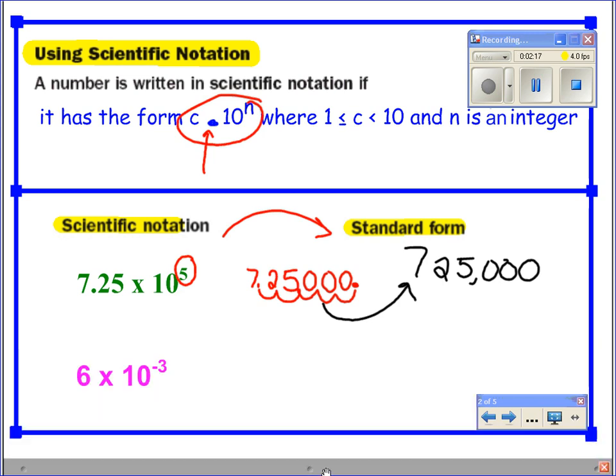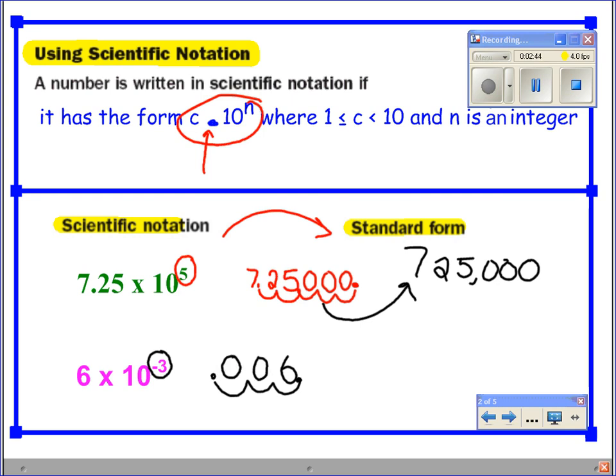Okay, the second example has a negative exponent. So whenever the exponent is negative, that means that you want to move the decimal point to the left 3 places. So I'm going to write down the 6, and there's an imaginary decimal point right after the 6, and that goes for any whole number. So you're going to move it to the left 3 places, 1, 2, 3.